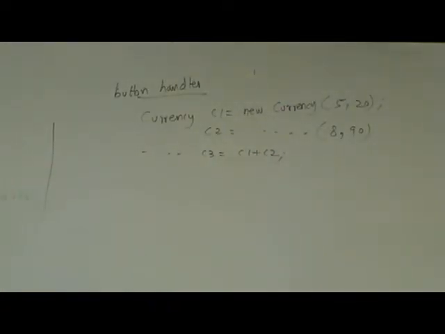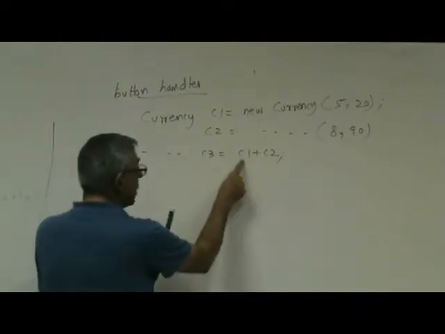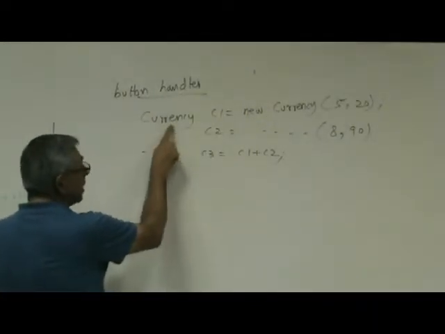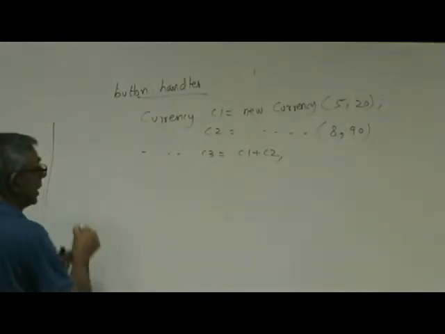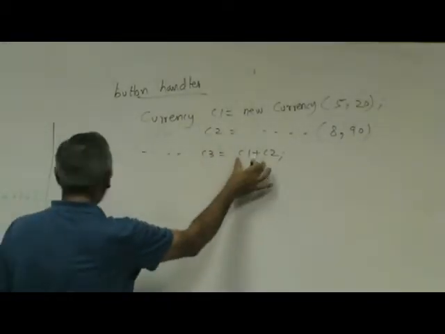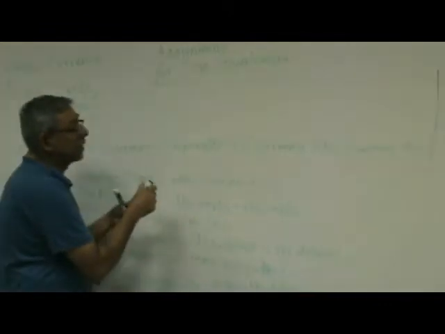Okay, so this is where the compiler checks what data type is C1. It will go back and see it's currency. Then it will check what is C2. C2 is also currency, right? So then it will go to the currency class and see, was there an operator plus defined?